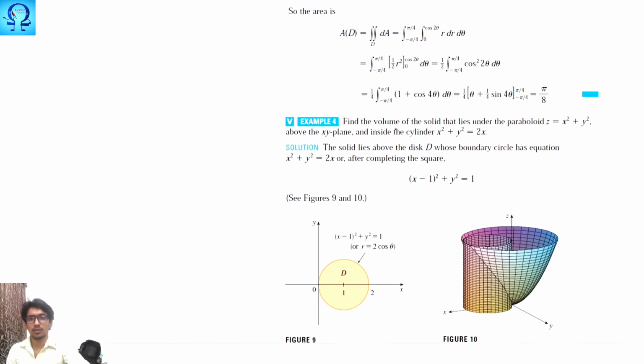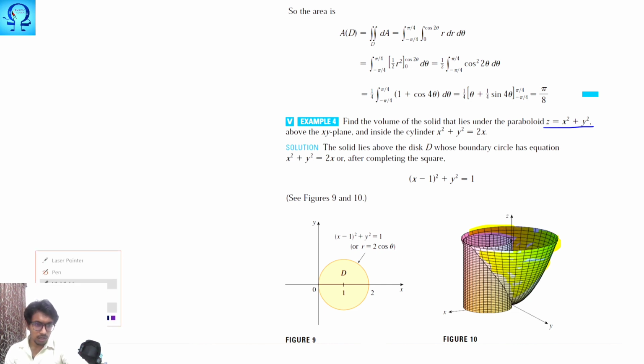The next problem that we are going to see is this one. Here we are asked to find out the volume of a solid that lies under the paraboloid. The one that I am highlighting in yellow color is the paraboloid that they are talking about. Hope you people can visualize these things in 3 dimensions.